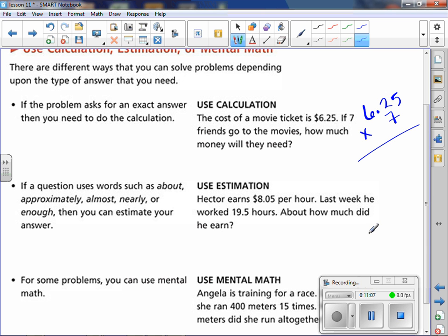On the other hand, on this one down here, because we want to know about, this is our key word to know that it's estimation, you could do some rounding. You might think about 8 times 20, right? And that will tell us that he made about $160, okay?